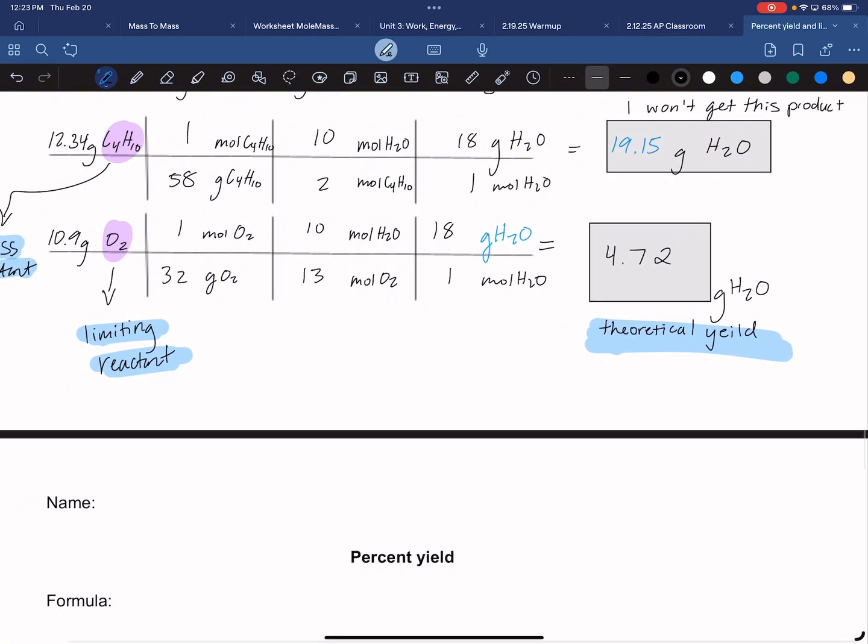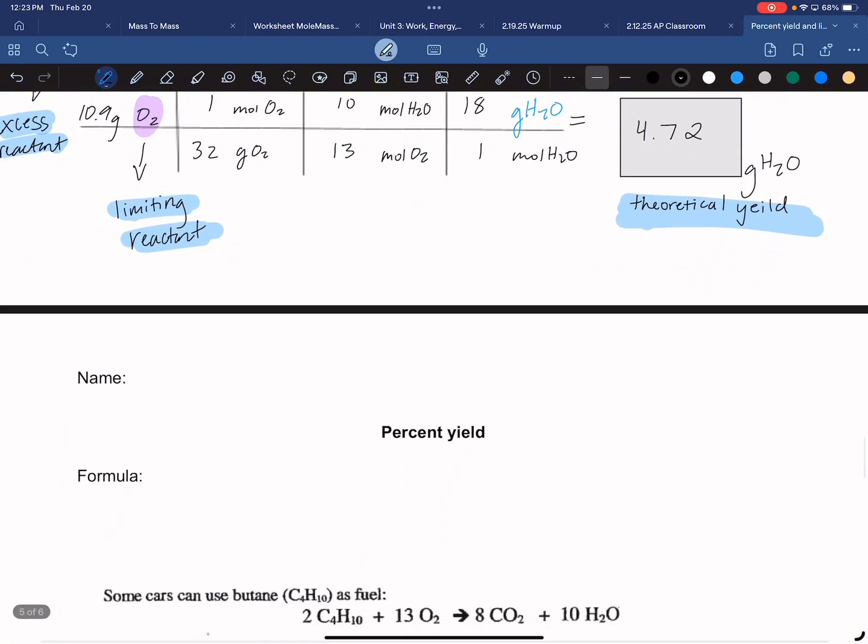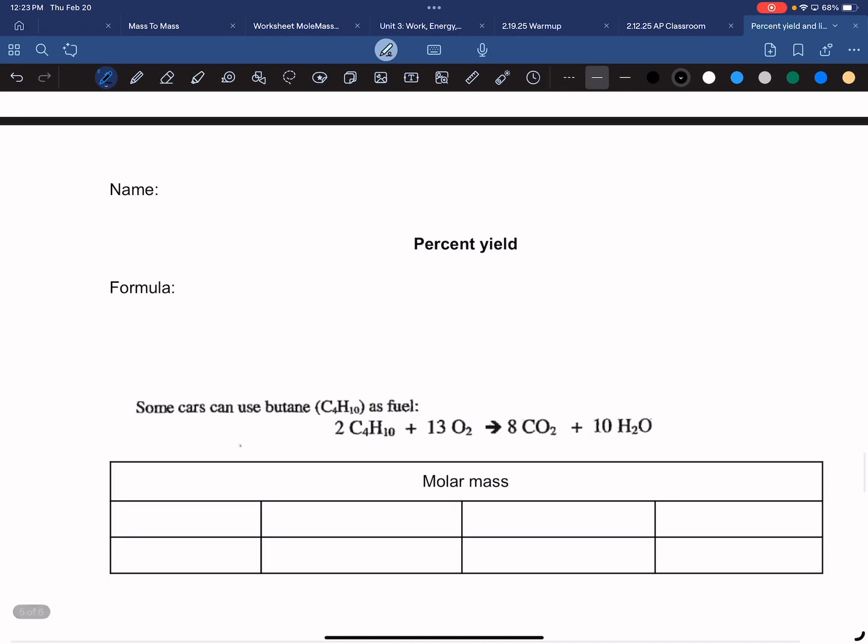So I'm going to go to the other side to percent yield. For percent yield, we're going to write down the formula. Does anyone remember the formula? Percent yield. Is it theoretical over actual or actual over theoretical? Actual over theoretical.